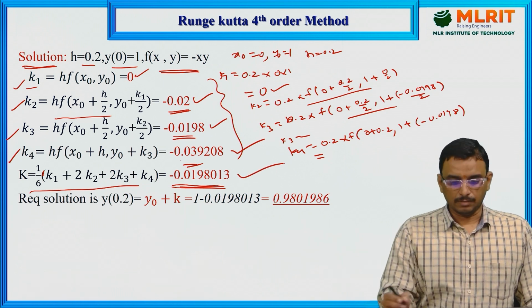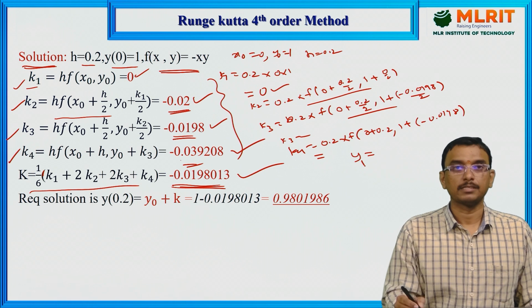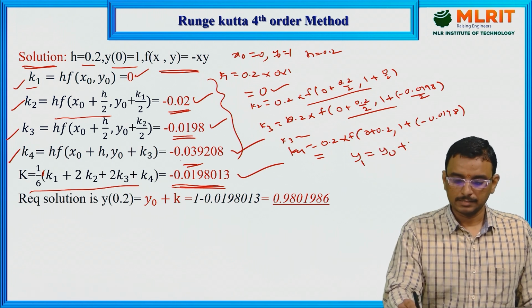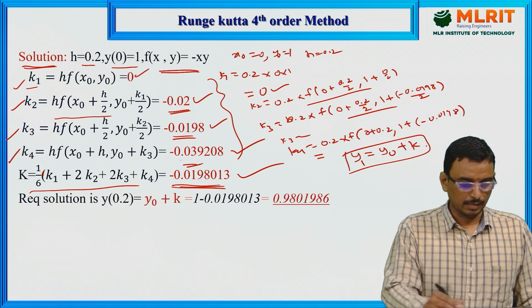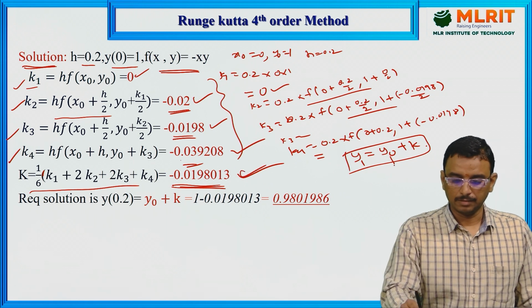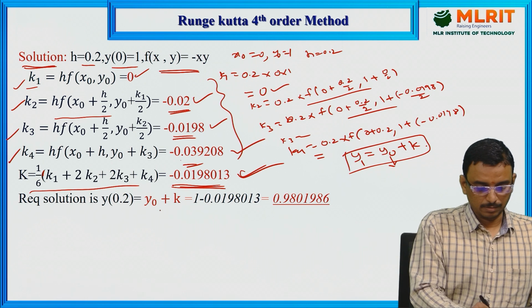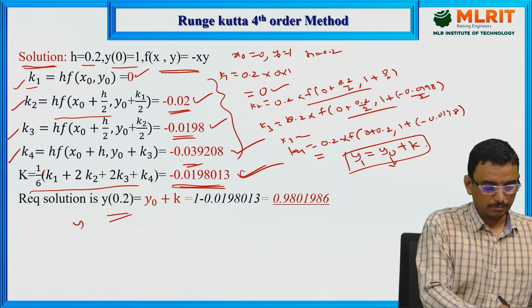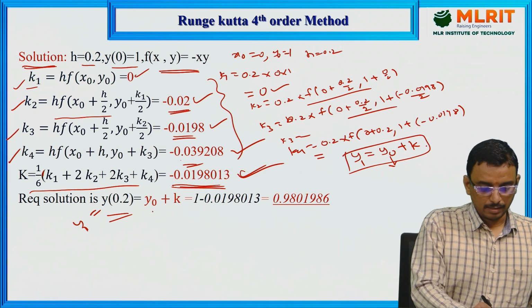Now what is the required solution? y1 is equal to y naught plus k is our required solution, where k is the value we've just calculated and y naught is the previous value. Substitute here, so y1, that is y of 0.2, is equal to y naught plus k.